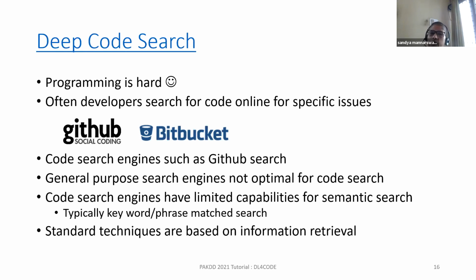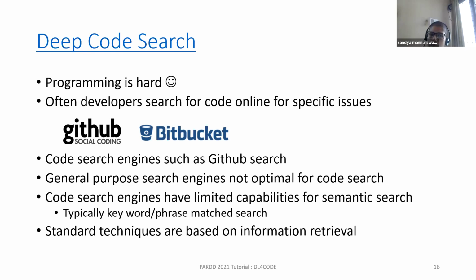Whereas in the case of deep code search, the source query domain is natural language because we are expressing a natural language query, but the domain from which the result should be returned is programming language or code. So this mismatch needs to be dealt with.